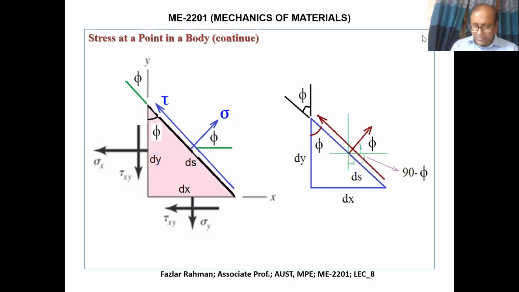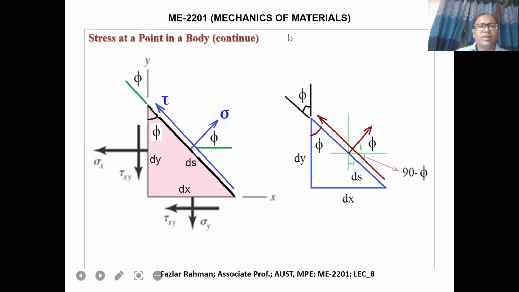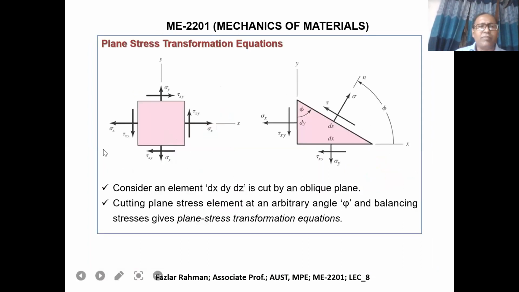Okay. In the last class, I'd like to refresh your mind. We have a plane stress element, and it's subject to sigma x, tau xy, sigma y. Then we cut this element.